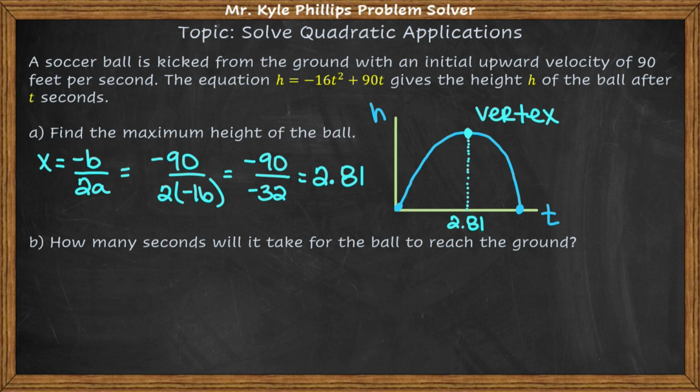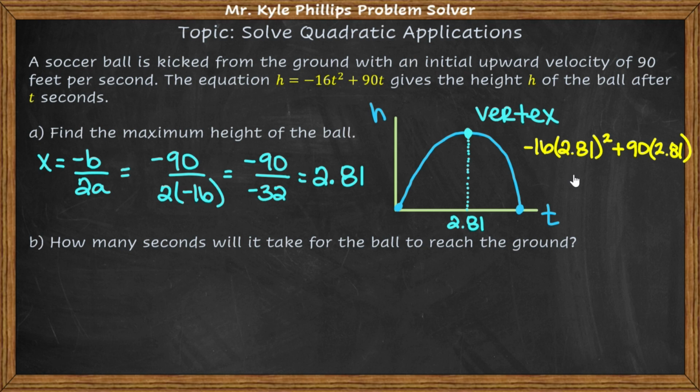Now I'm going to take this value of time and plug it into my equation so I know this y value. So here I have negative 16 times the time squared. So this is 2.81 squared plus 90 times 2.81. So here we have negative 16 times 2.81 squared plus 90 times 2.81.